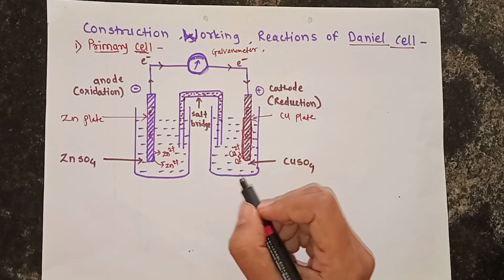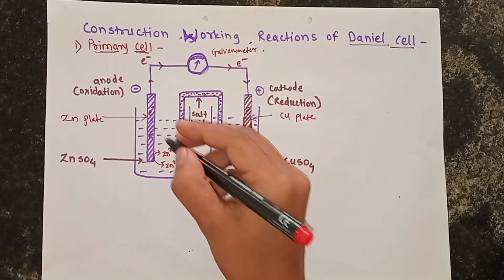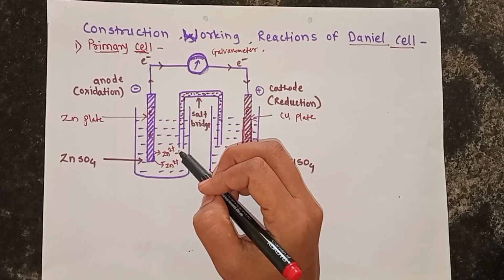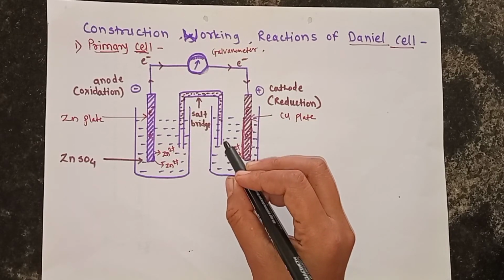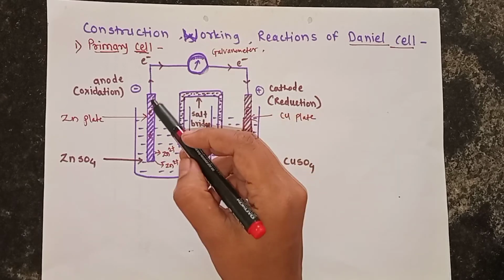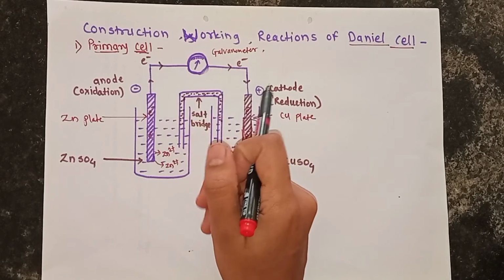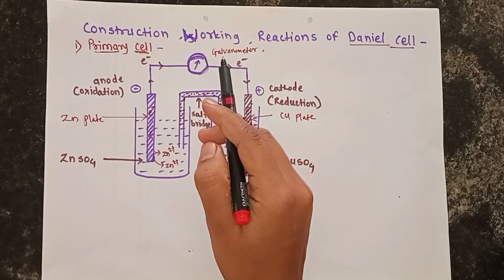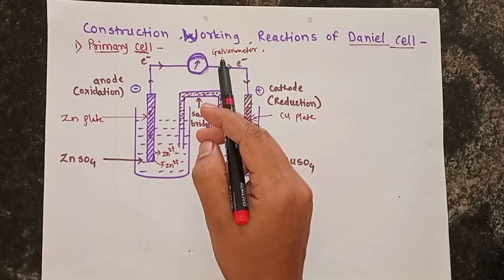Okay, so the ions will be transferred through the salt bridge or the porous pot, and when electrons are transferred from the anode to the cathode, a deflection will be seen in the galvanometer.